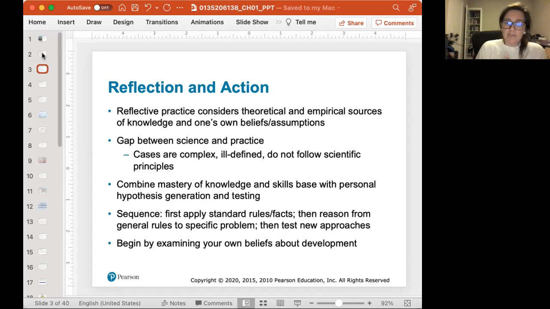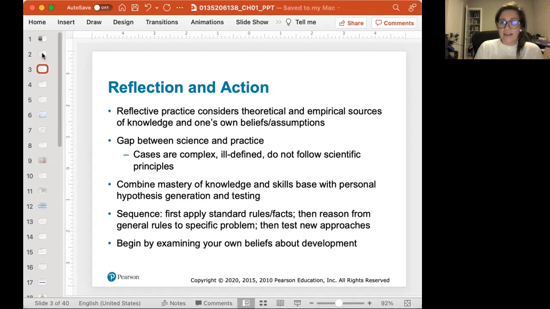Now there is a gap between science and practice. There are cases that are very complex, which once you guys get to practicum stage, you will definitely start to see. I may be biased in saying it, but I think every practitioner should work in a psychiatric hospital at least once in their career, just because you can get a great wealth of knowledge from the exposure to great acuity of mental health problems that exist.